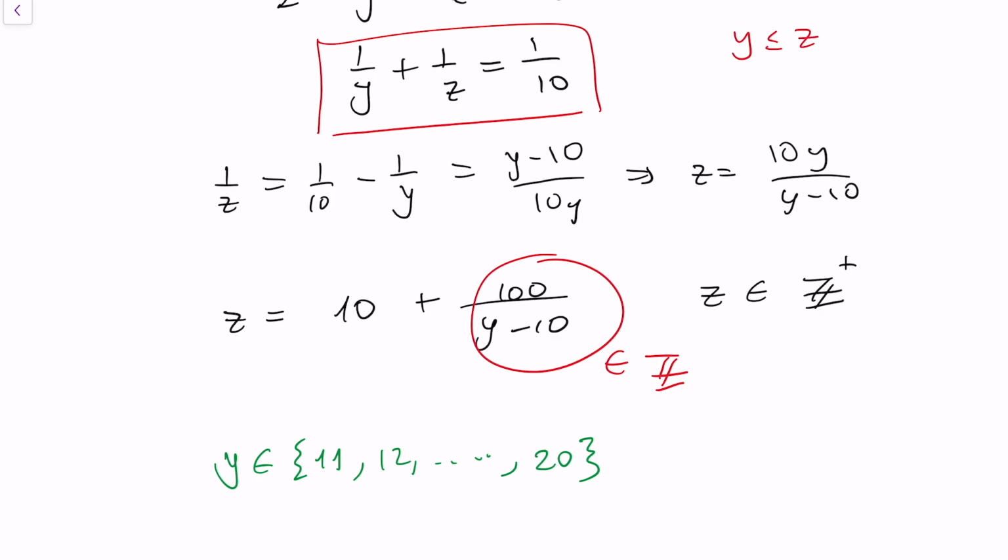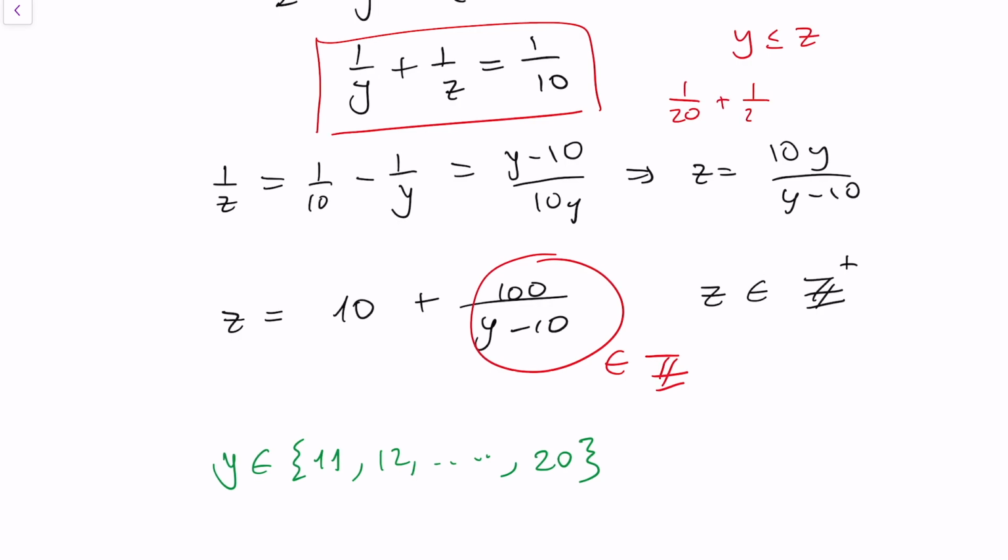So if y is 20, we have 1 over 20. That means z will have to be bigger than or equal to y, so the minimum value z can take is 1 over 20, so z is also 20, which gives us 2 over 20, which is 1 over 10. So we already hit the limit, right?